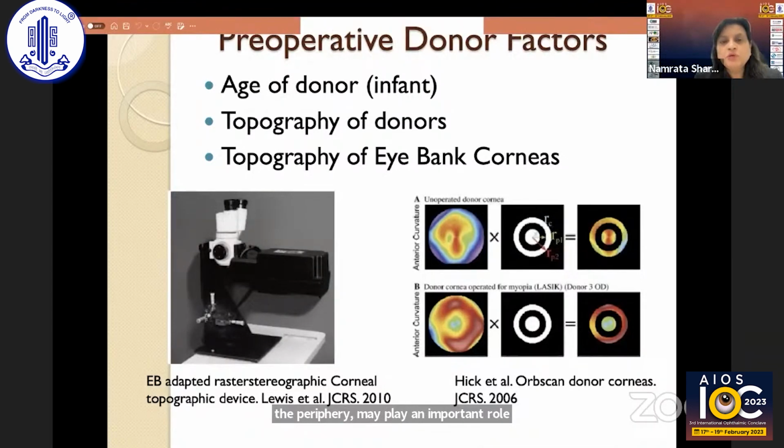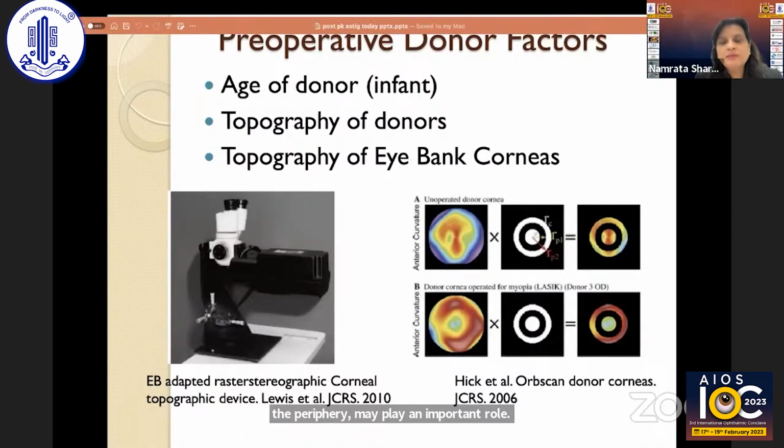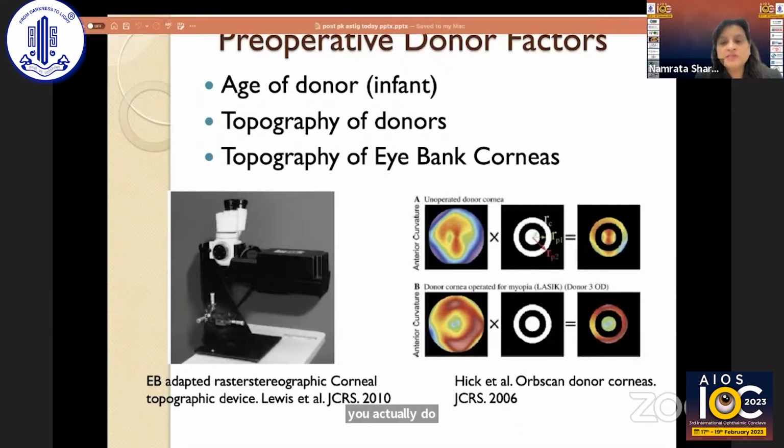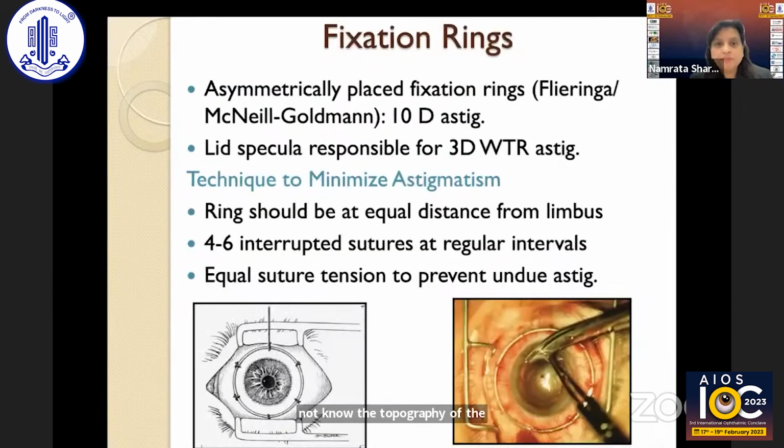Preoperative donor factors may also have a role to play: the age of the donor, because infants tend to have steep corneas, and the topography of the donors, although it's not routinely done in eye banks, so you actually do not know the topography of the eye bank corneas which we are transplanting.